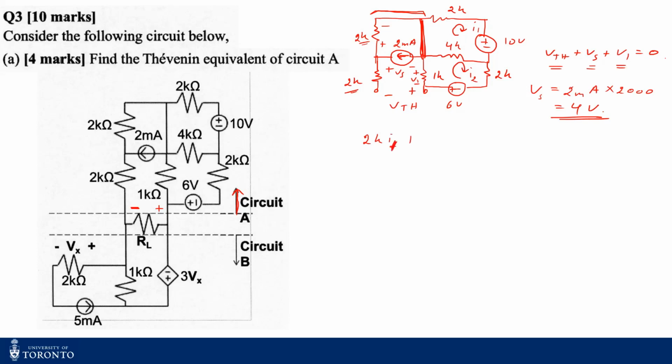So therefore my loop 1 equation will be this one, right? So when I simplify, I'll get this basically.